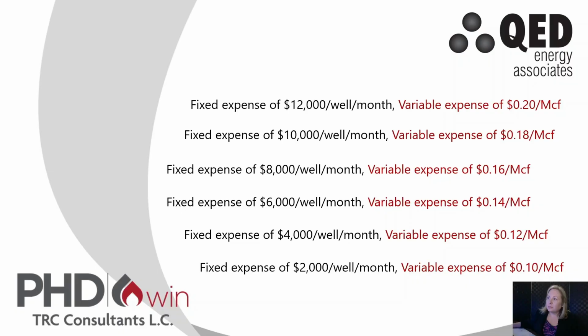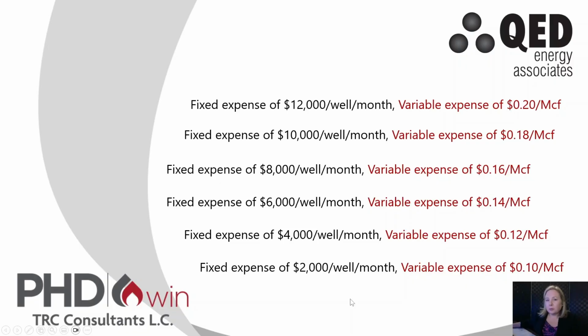So I put some pretty simple examples here. We could try $12,000 per well per month and 20 cents per MCF, or we could drop that and try what if wells cost $10,000 per well per month with 18 cents per MCF for gas. I've given us lots of options to look at here.